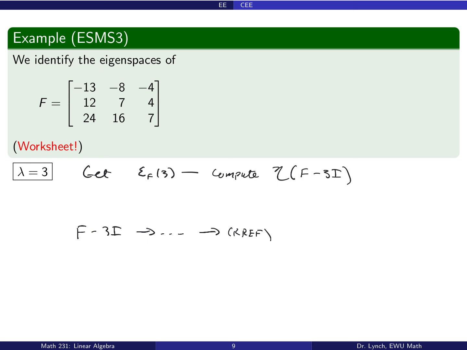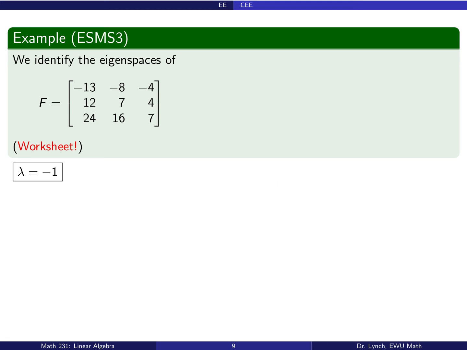The way we've cooked up this eigenvalue 3, there must be a non-trivial solution, and what you end up finding is that you can express that eigenspace as the span of a set containing one vector. You should find that the eigenspace of F corresponding to eigenvalue 3 is the span of the set containing the single vector (-1, 1, 2).